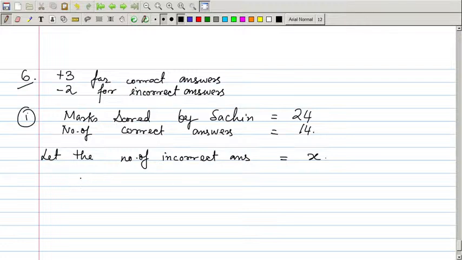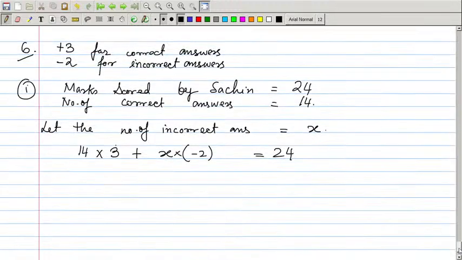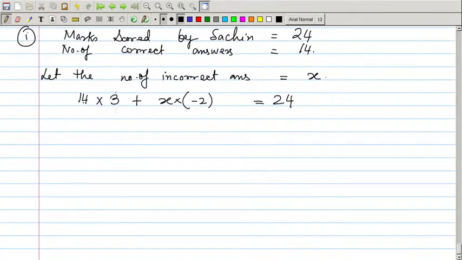Okay, then what will be my equation for finding out Sachin's score? Sachin's score will be number of correct answers into 3 plus number of incorrect answers into minus 2, which is equal to 24, isn't it? Negative marking for incorrect answers.